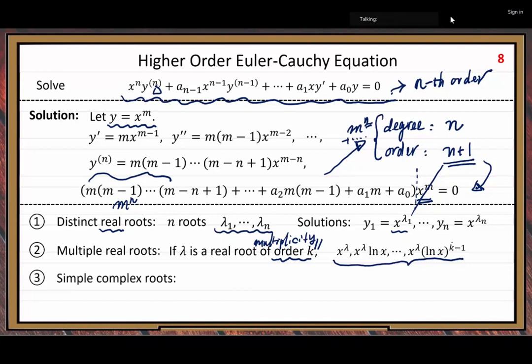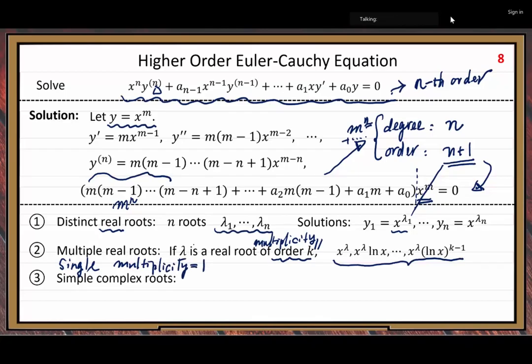Third case, simple complex roots. Simple means the multiplicity is 1. Simple or single, because sometimes we use single. That is, the multiplicity of this root equals 1.